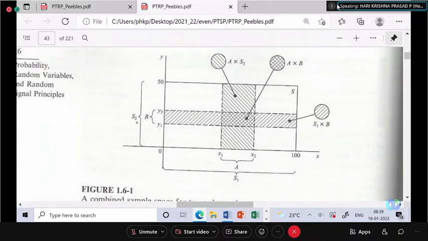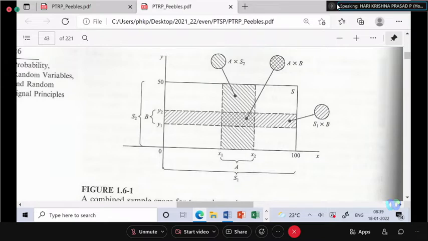So A cross S2 is a vertical strip. It is a vertical strip containing elements of A and all possible elements of Y. So the whole sample space. It includes all elements of sample space S2.